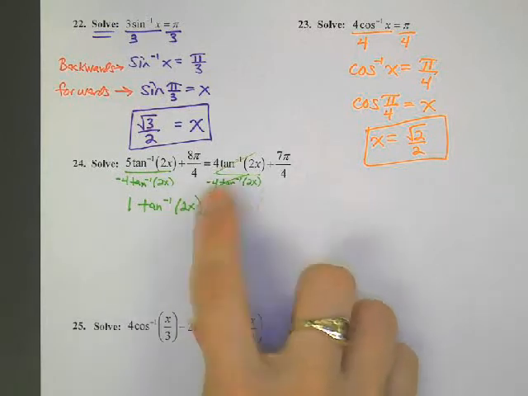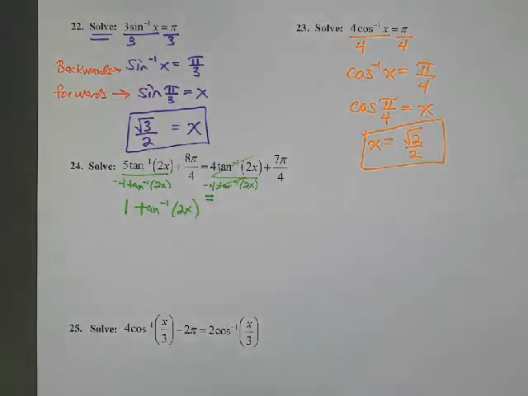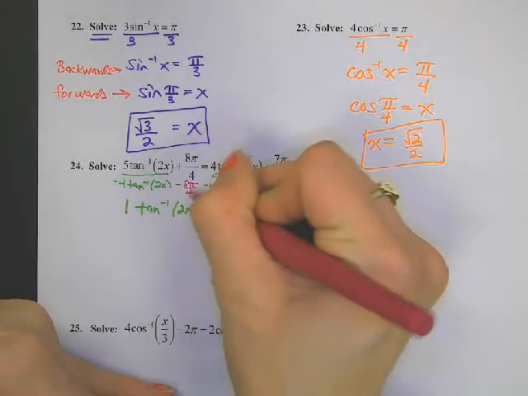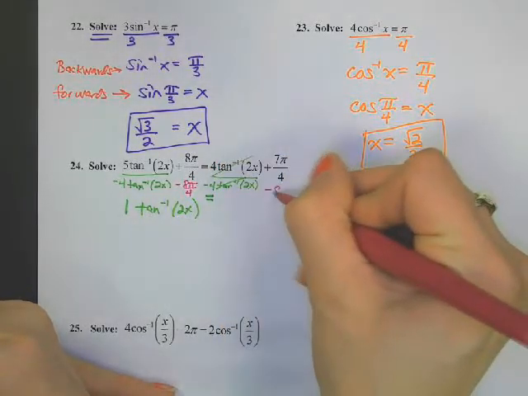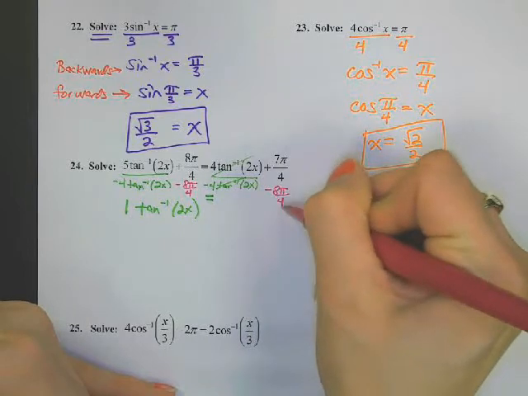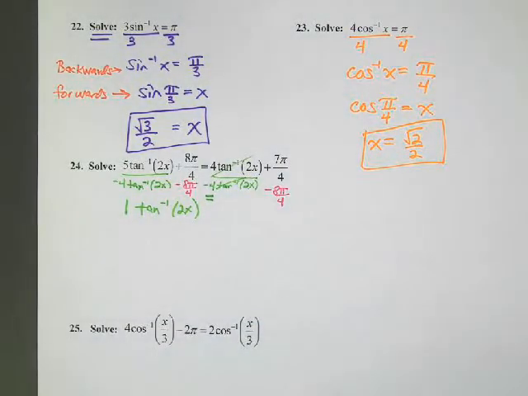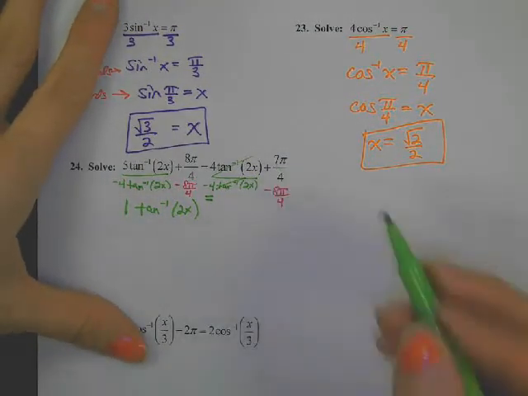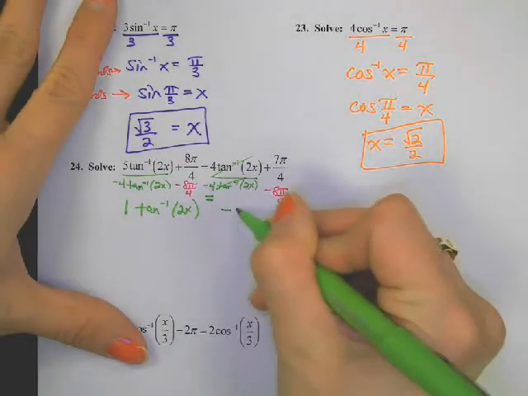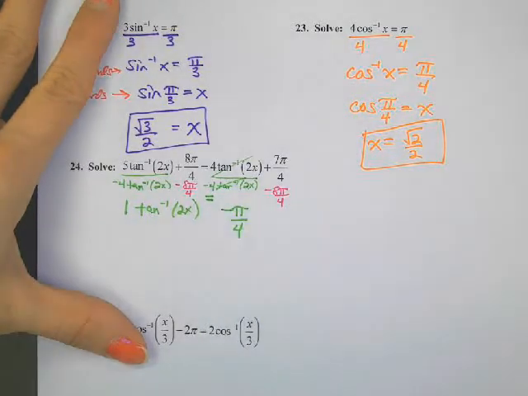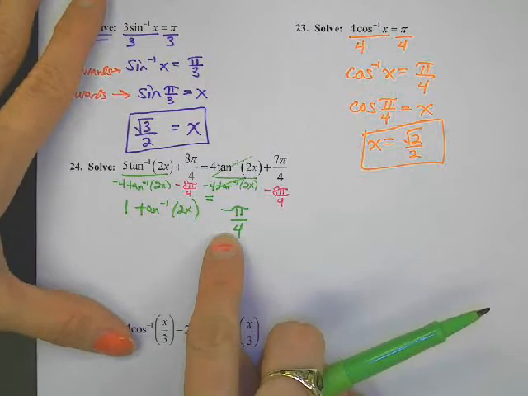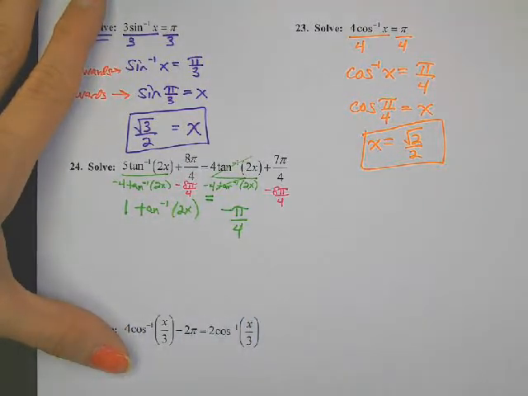Now what about these fractions? Let's put the fractions on the right. So let's go ahead and subtract 8 pi over 4. Here I will subtract 8 pi over 4. Oh, thank you for making common denominators for me. Oh, you're welcome. 7 minus 8 is negative pi over 4. So we have an inverse equation. Let's go ahead and write that problem forwards.